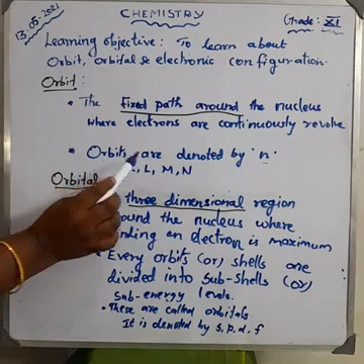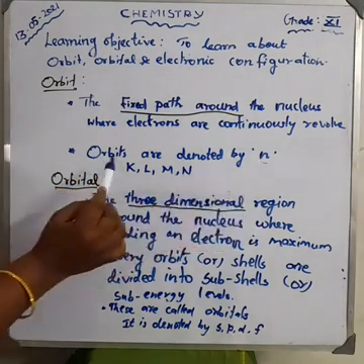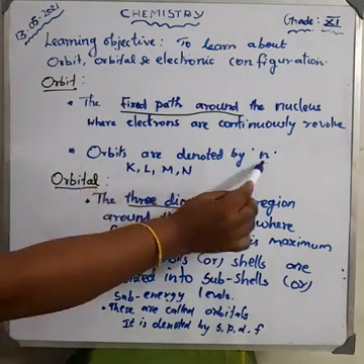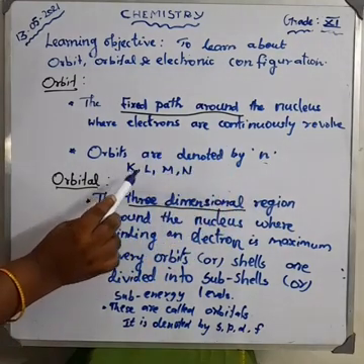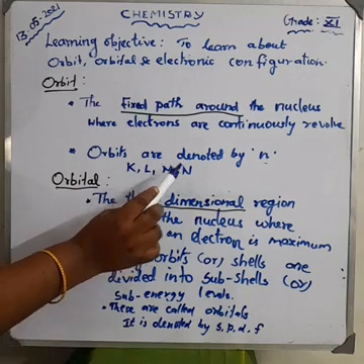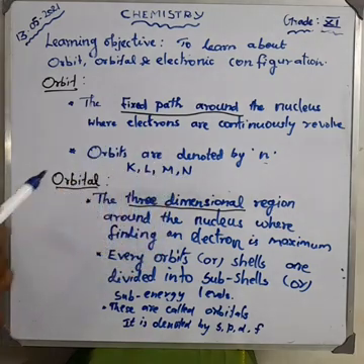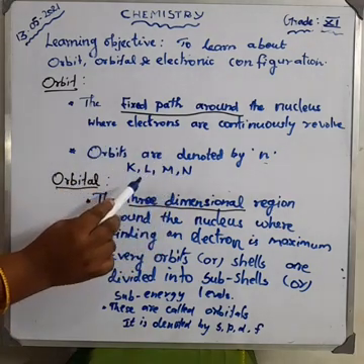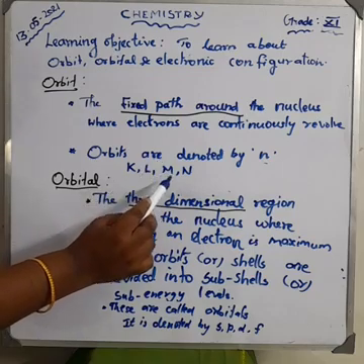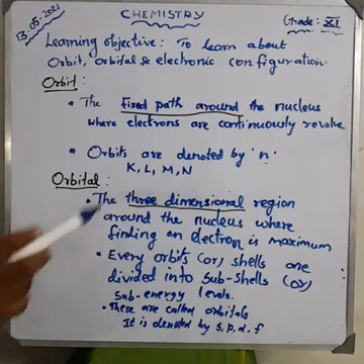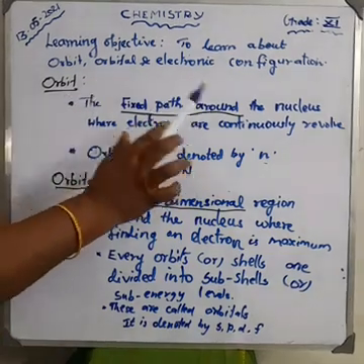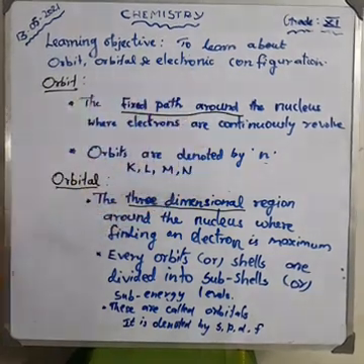Orbits are denoted by small n. Whatever orbits are there, K, L, M and then N. So orbit means the fixed path around the nucleus.